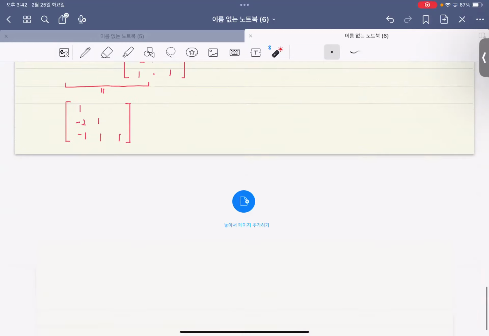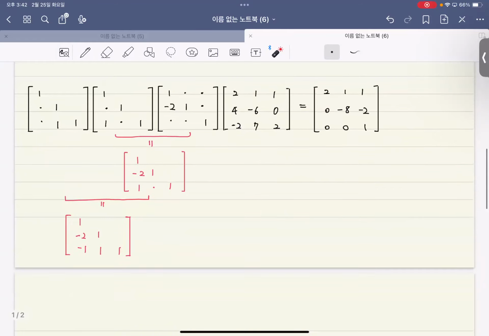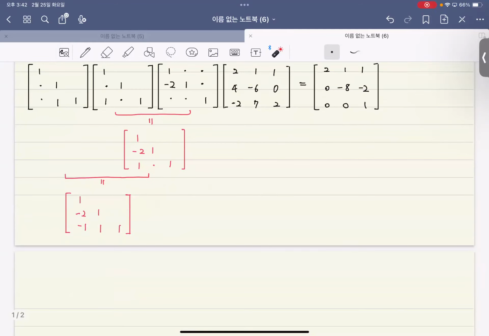So okay, anyway, I think this is the right time to introduce the notion of the upper triangular matrix and the lower triangular matrix.